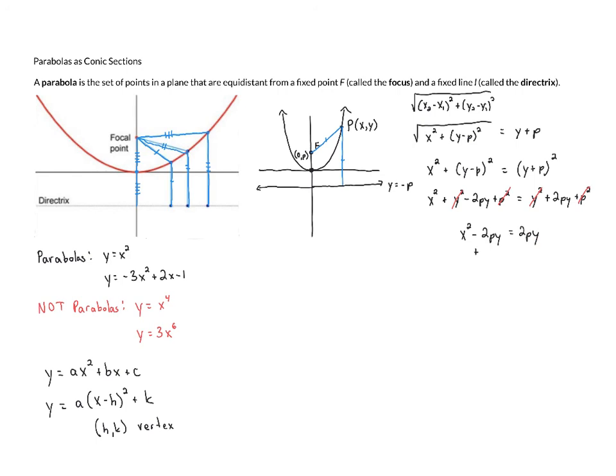And if we add 2py to both sides, we end up with a simple version of this relationship, x squared equals 4py, or x squared equals 4yp, doesn't matter. Either way, this is the formula for a parabola with center at the origin and with focus at the point (0, p).